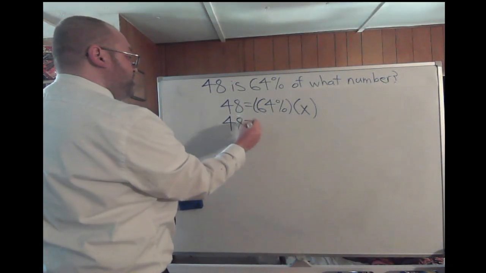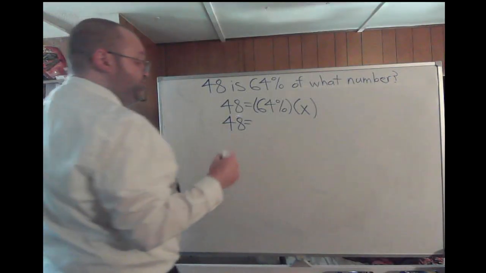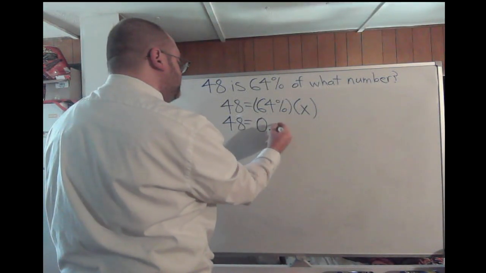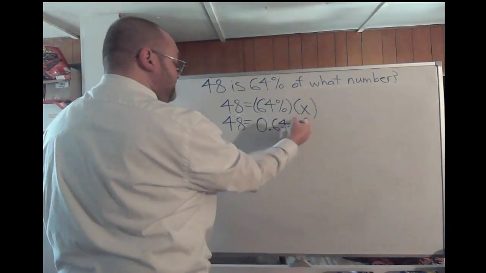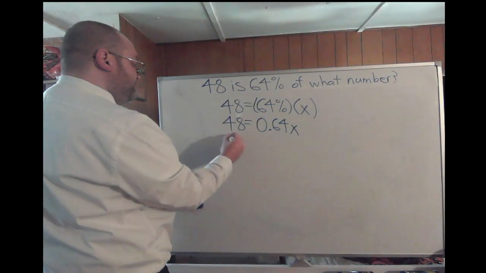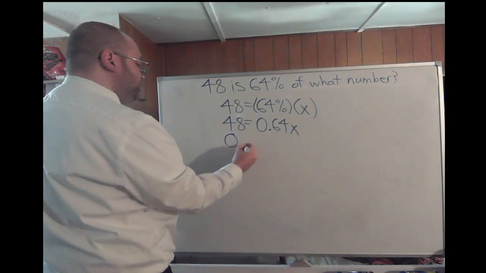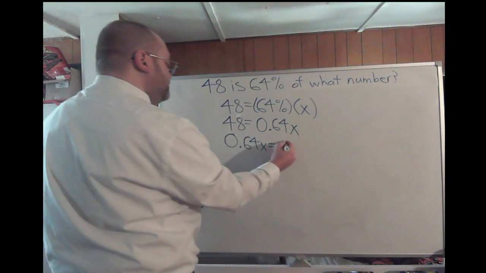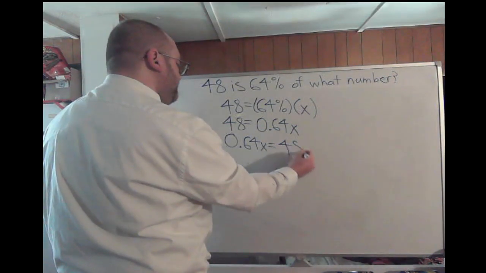If we want to make 64% a decimal, which we should definitely do, that's going to be equal to 0.64 times x, which is 0.64x. I switch these around for simplicity's sake. I have 0.64x equal to 48.